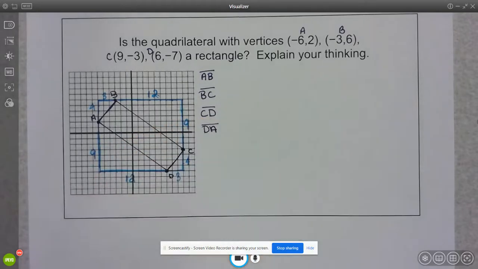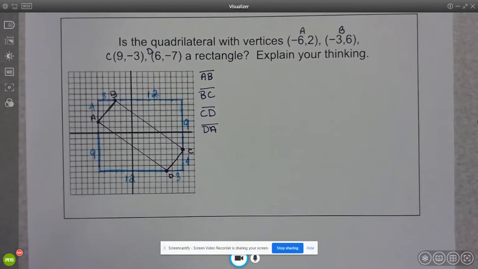And 9. Okay, so just looking at the numbers that are here on our triangles, I have a lot of the same numbers, which is a good thing because that probably means in terms of slope and distance, we're going to be good.